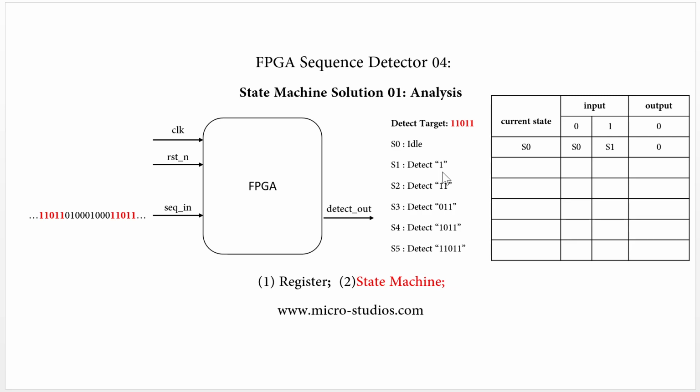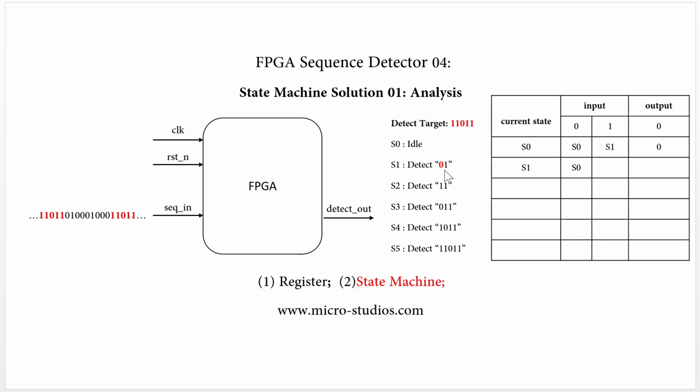So next state will be S1 state. Okay. When S1 becomes the current state, we will check the input. So when the input is 0, it will become 10.